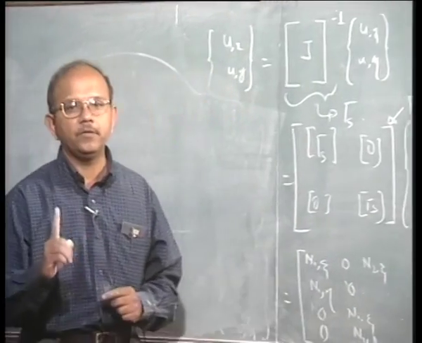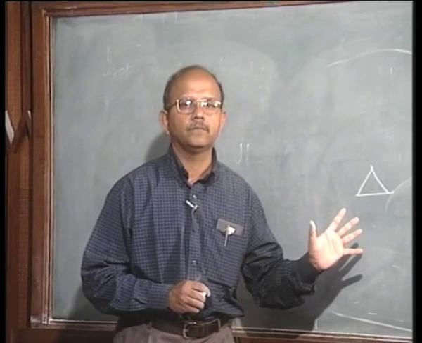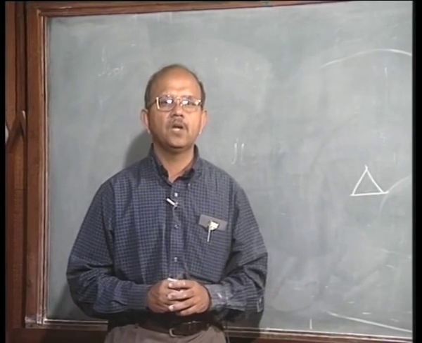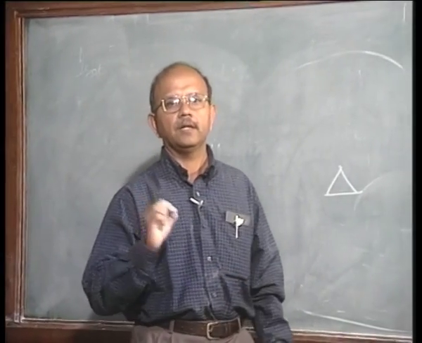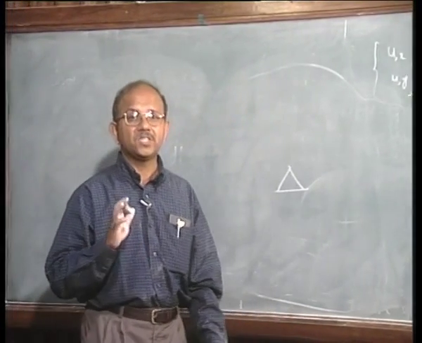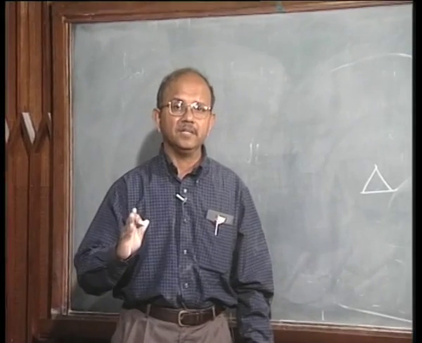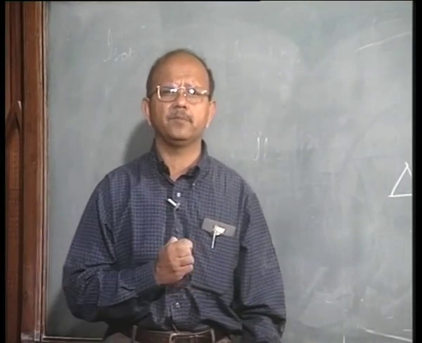But by the way, we already noted one thing important about the triangular element. If you remember, we said that triangular elements are constant strain triangle elements, or in other words the strain happens to be constant in a triangle. We illustrated this with a very simple example.